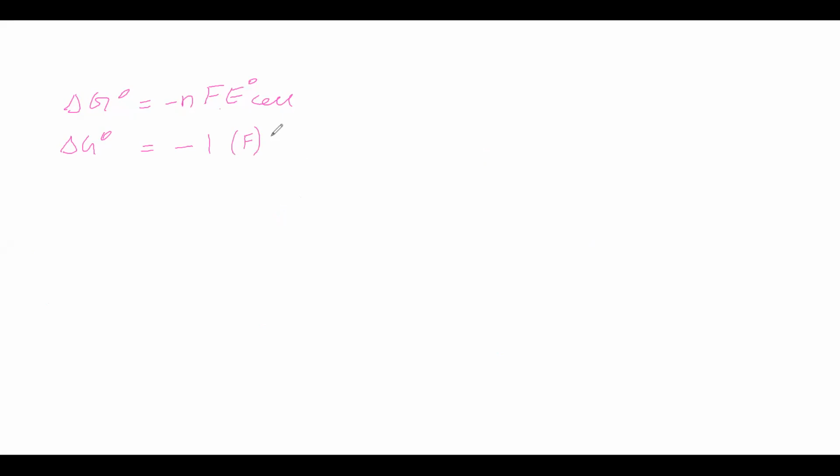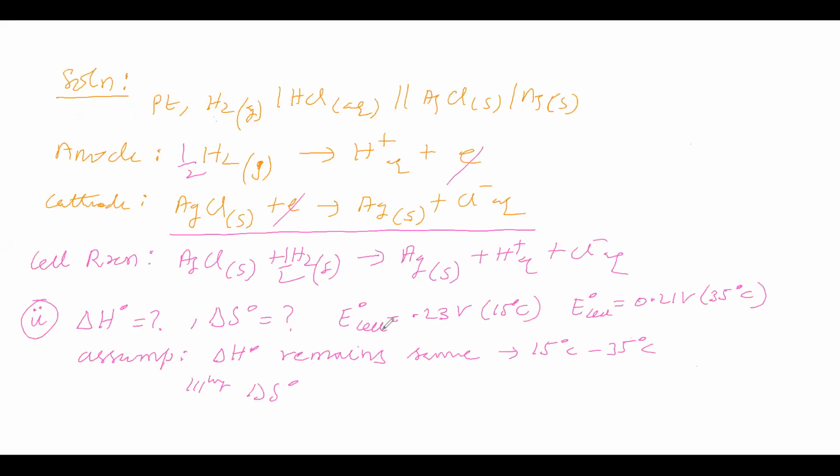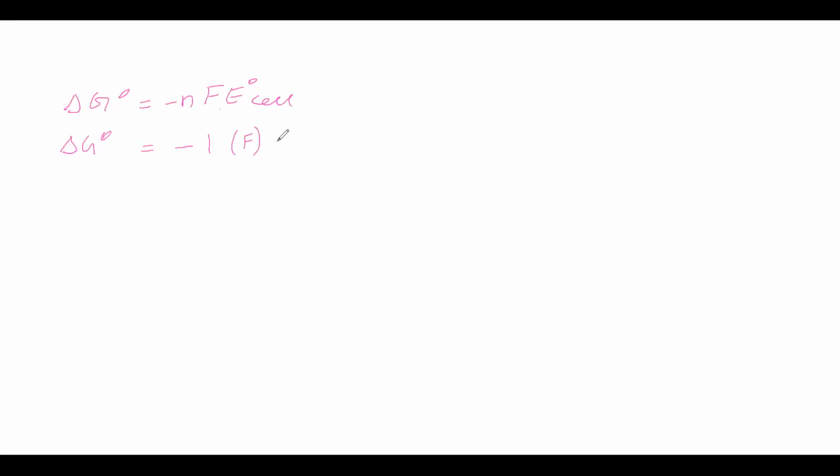Now we substitute E naught cell. E naught cell is given as 0.23 volt at 15 degrees Celsius. Another temperature is given, 35 degrees Celsius.